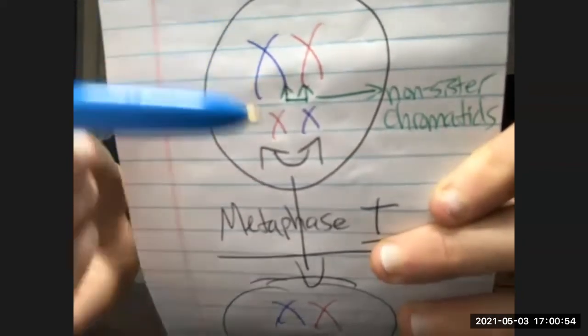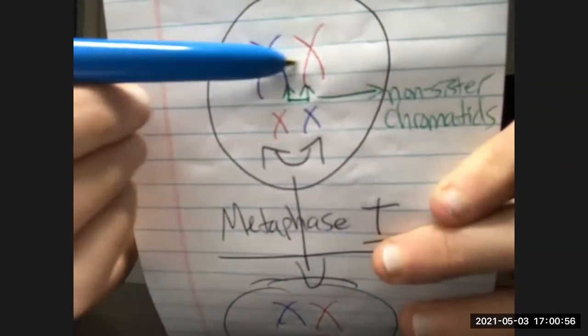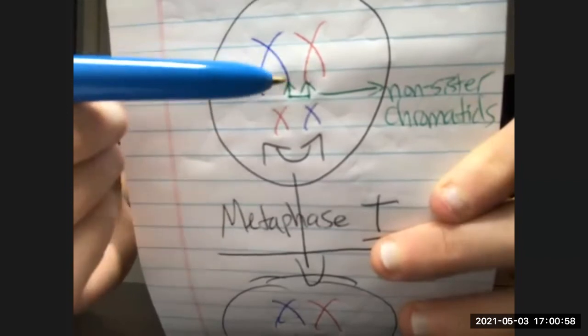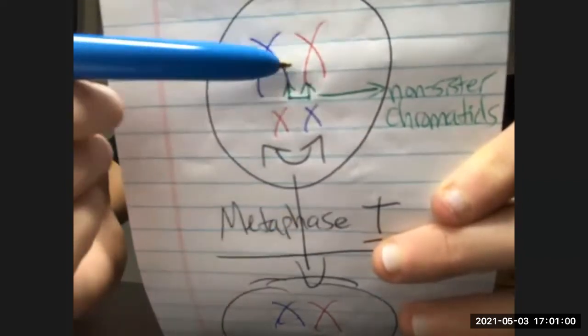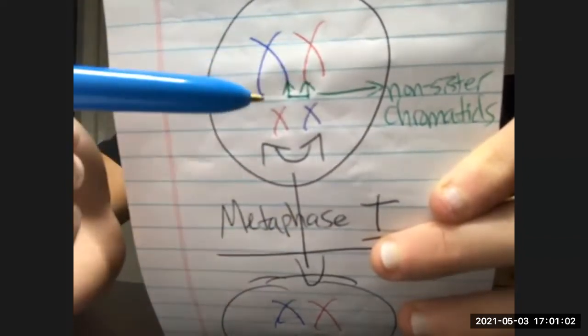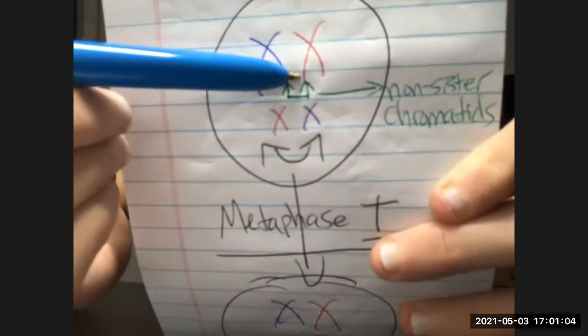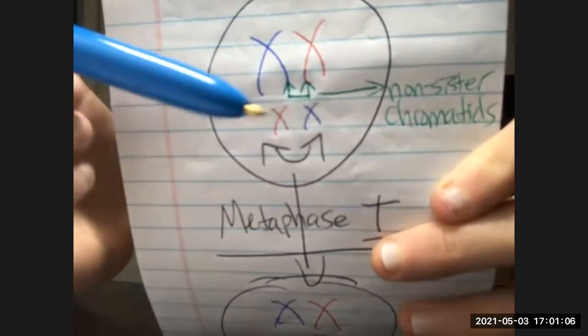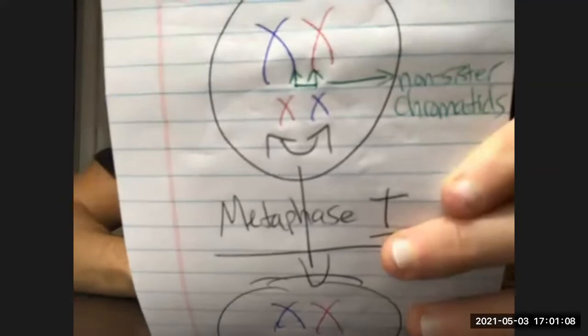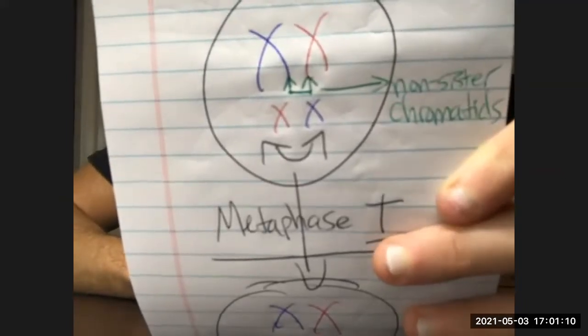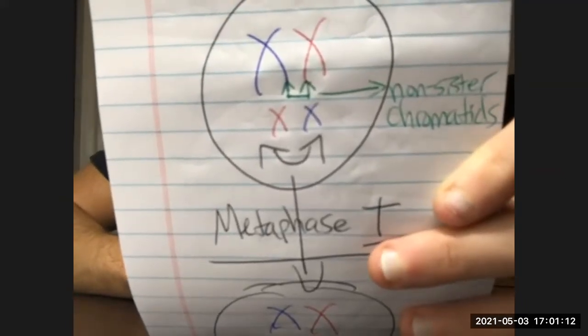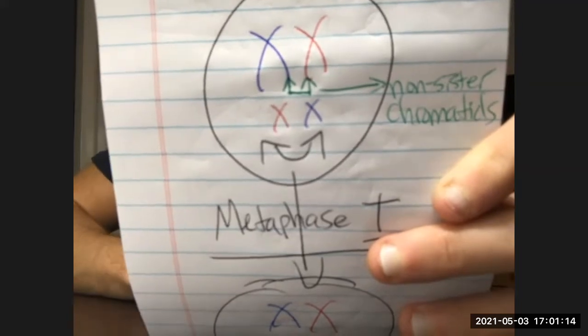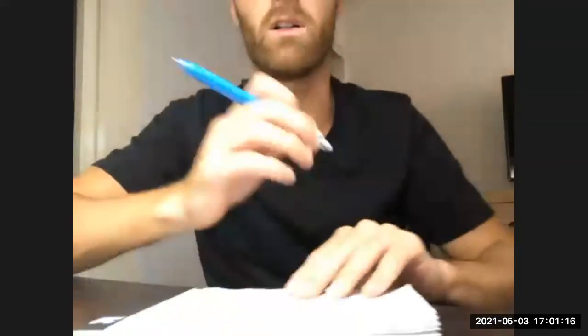Crossing over might occur between sisters, I don't even know, but it wouldn't matter because it's the same information. These are different though, right? Similar but different, homologous pairs. Same gene, different alleles or versions of that gene.